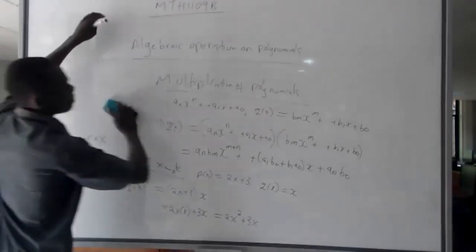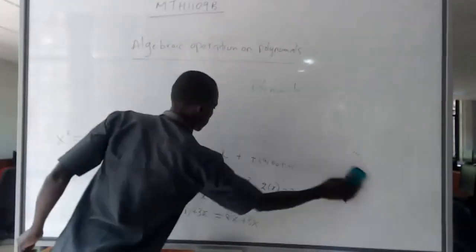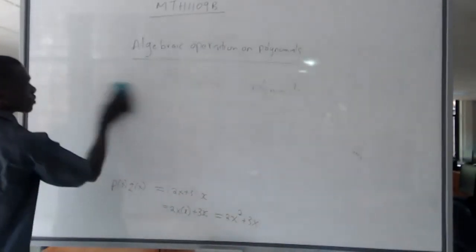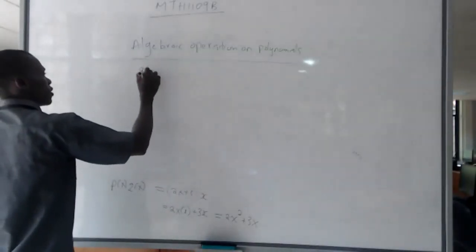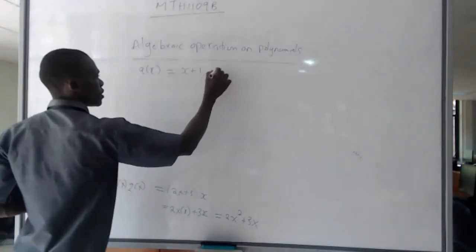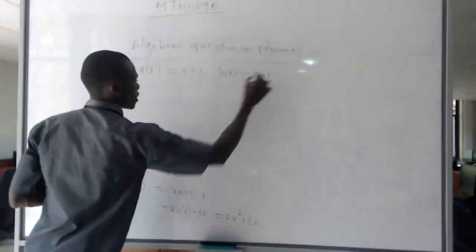Let me give another example. Let a(x) be the polynomial x plus 1, and b(x) be x minus 1.